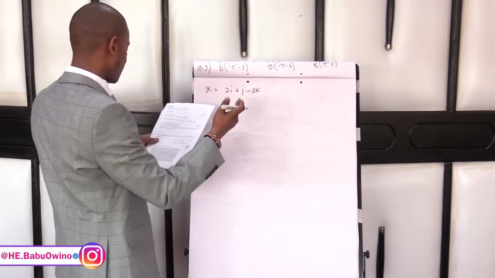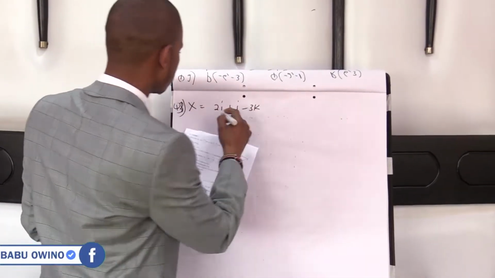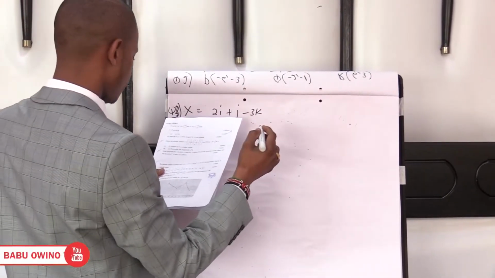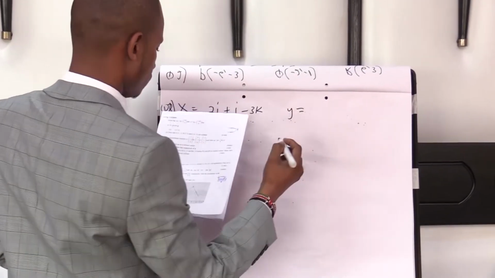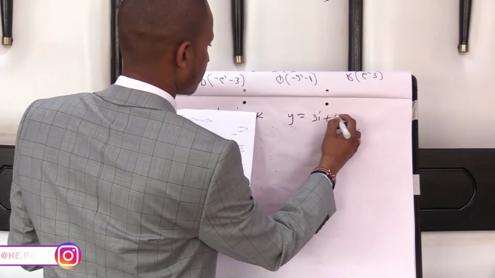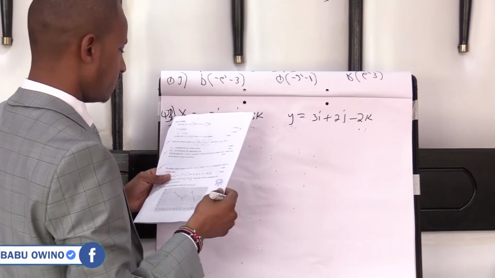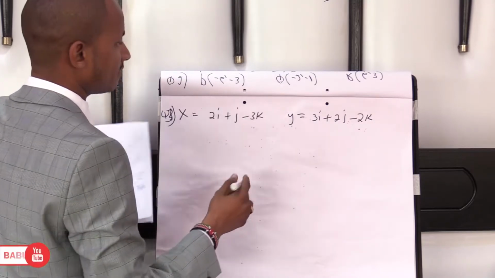So you are given, this is question 3, x equals 2i plus j minus 3k, and y equals 3i plus 2j minus 2k. Then you are told find xy as a column vector.